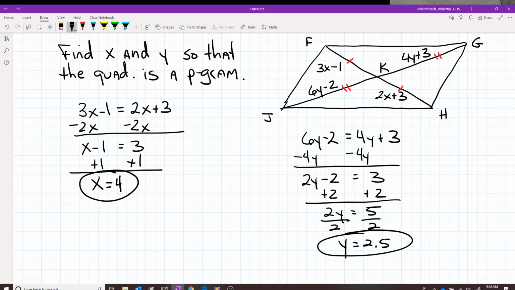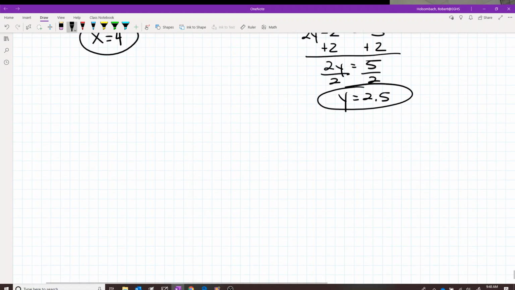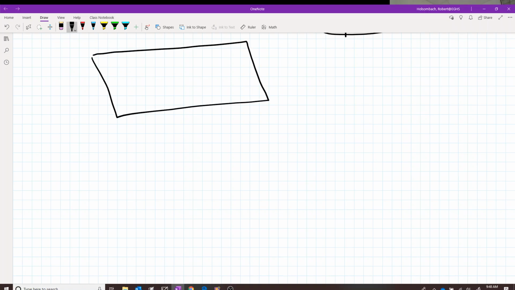Does everybody get the idea of what's going on? If you look at the next example there, if you had to solve for x and y again in this problem so that the shape is a parallelogram, in this case, you're dealing with opposite angles.